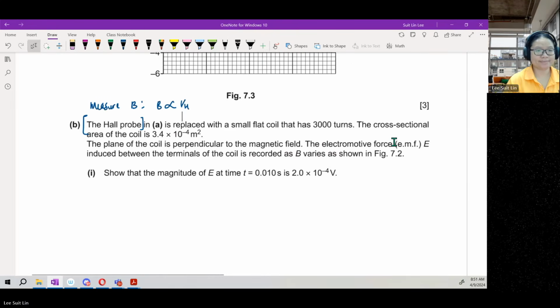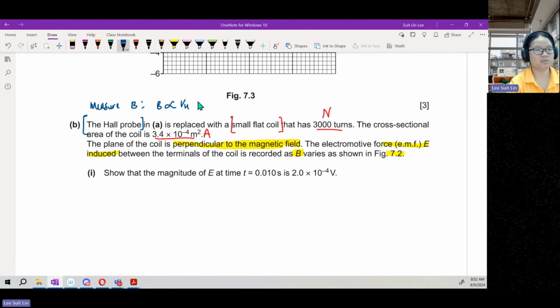Okay. But now we're going to replace with a small flat coil that has 3,000 turns. Wow, this is a lot of turns. The cross-sectional area of the coil is this much. The plane of the coil is perpendicular to the magnetic field. Okay. The EMF induced between the terminals is recorded as B varies as shown in figure 7.2. So B will go through the same thing.